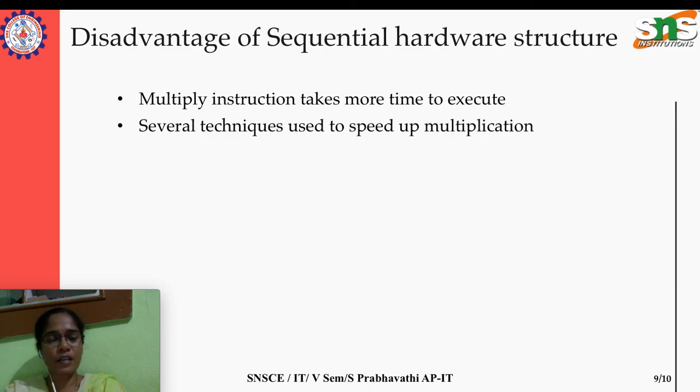But the advantage is it drastically reduces the number of gates involved in carrying out the operations. In the next classes we will see how to speed up the multiplication process, and several techniques are there, only a few we are going to see. Apart from that, how to carry out multiplication of signed numbers also.